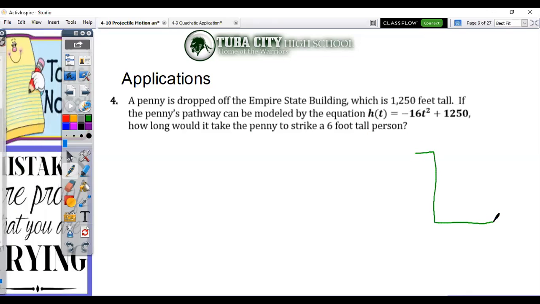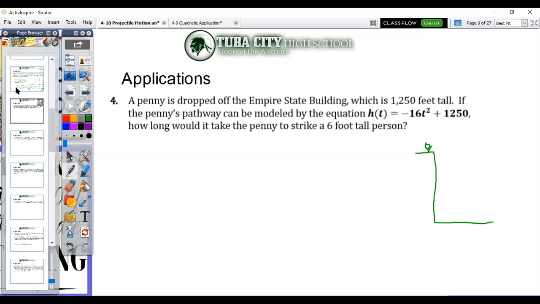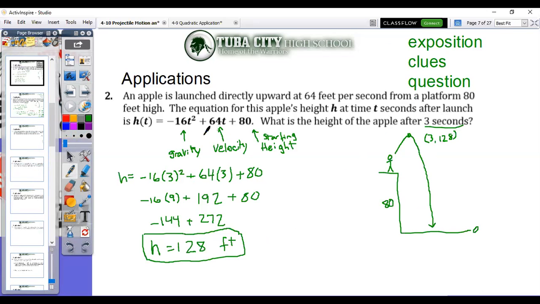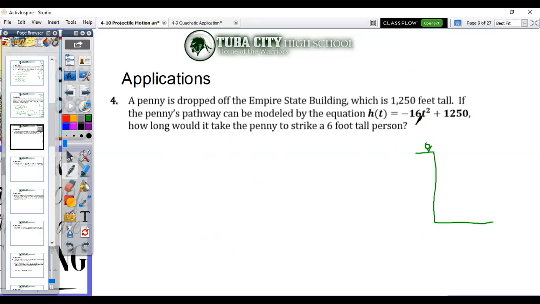So we have the Empire State Building, and we are on the top floor throwing pennies off. So there's your little arm. Now in this case, there is no upwards velocity. Remember we were talking about that on one of the previous ones, this is the upwards velocity, the middle number. This one doesn't have that.